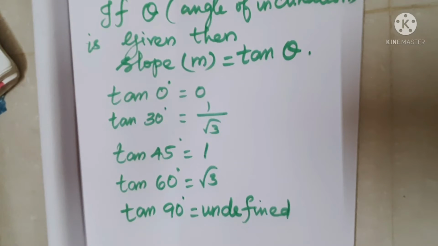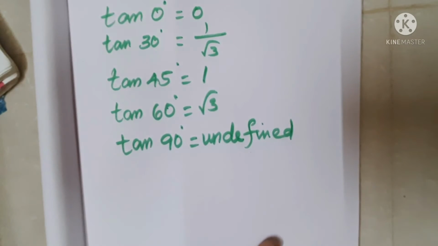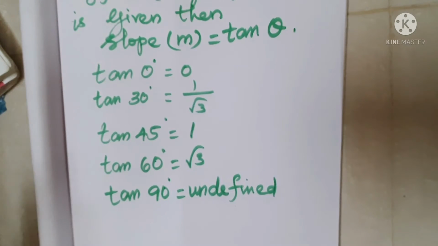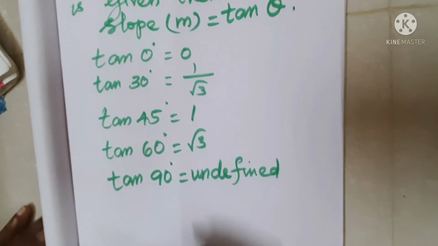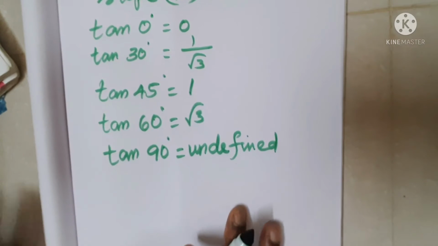So in that exercise, there is another condition also: slopes of parallel lines and perpendicular lines. See here, slopes of parallel lines.